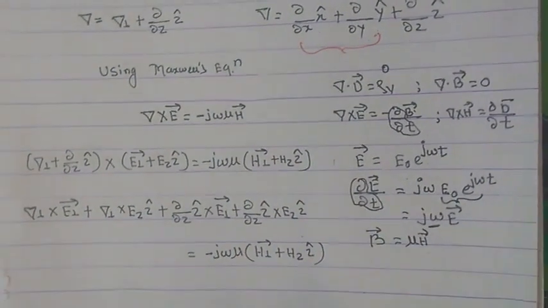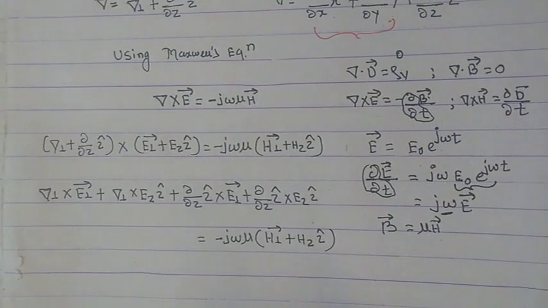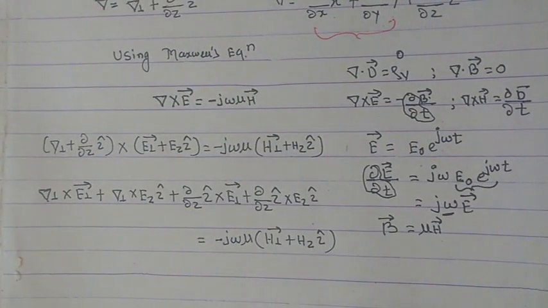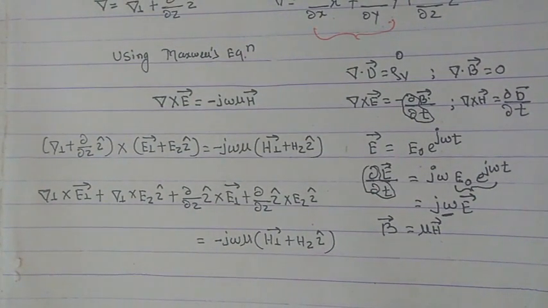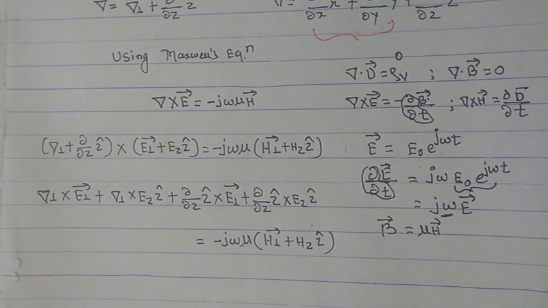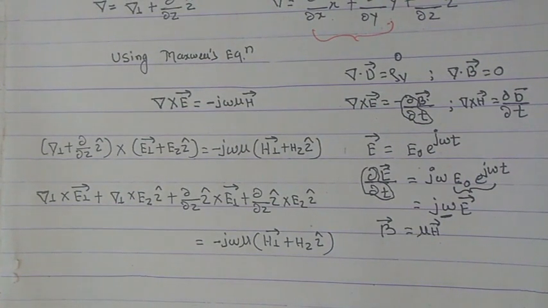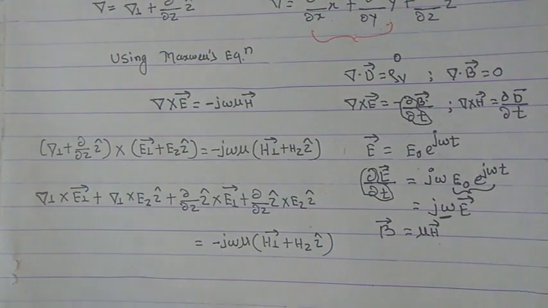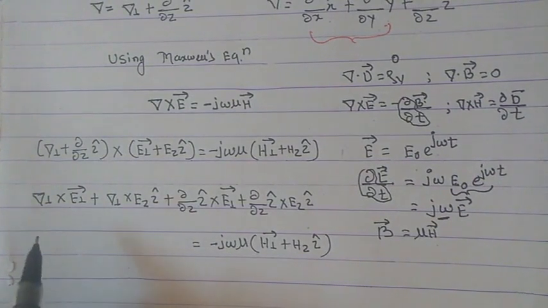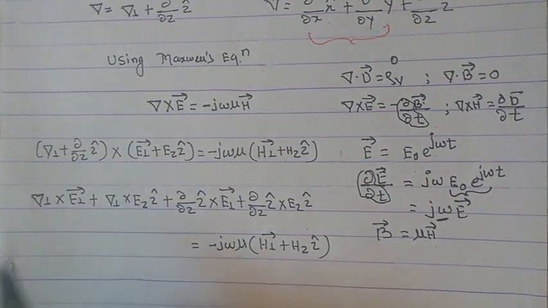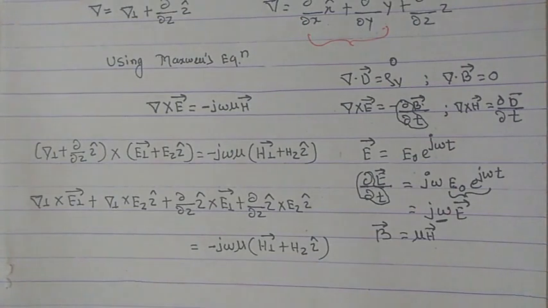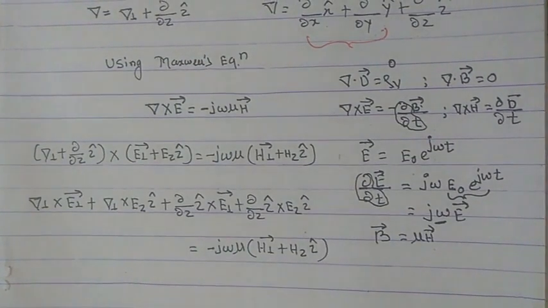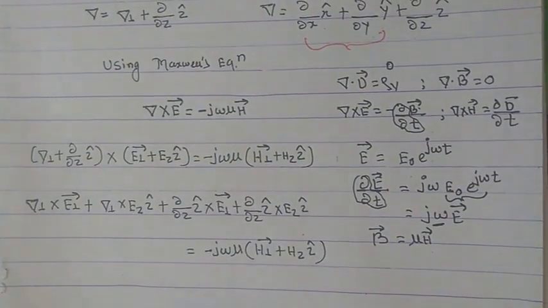Now, we would like to separate the transverse and longitudinal terms from this equation. So let us use the knowledge of cross products to determine whether each term is a longitudinal or transverse term, because we want to separate them.